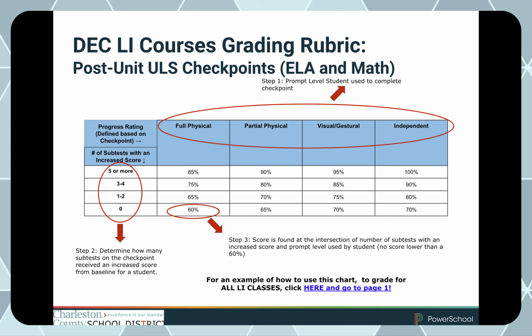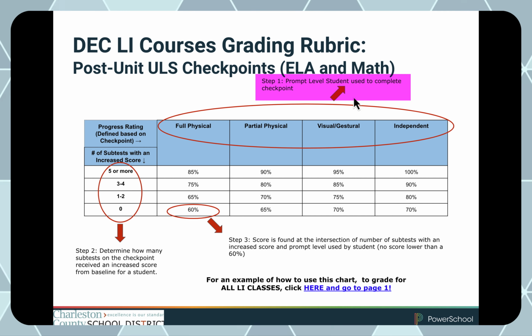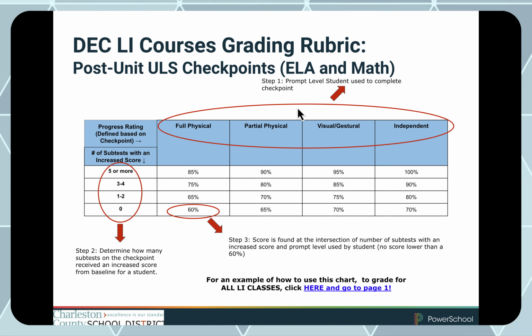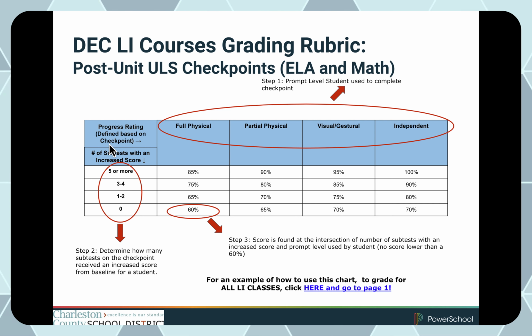In this example, this teacher has started using this rubric for ELA and math since she gave an ELA ULS checkpoint. The first step you will do on this screen is step 1. You will choose the prompt level that the student used to complete the checkpoint. After I choose in step 1 the prompt level, I'll then move on to step 2.